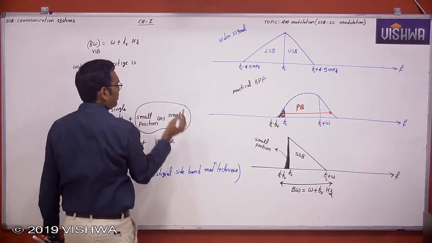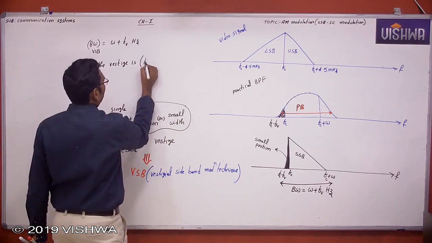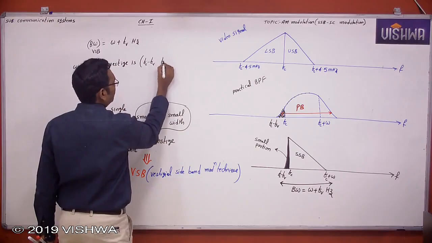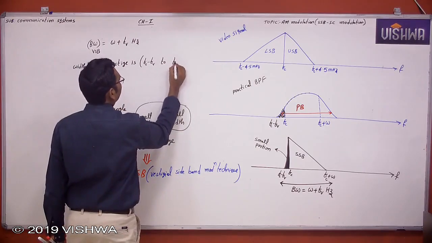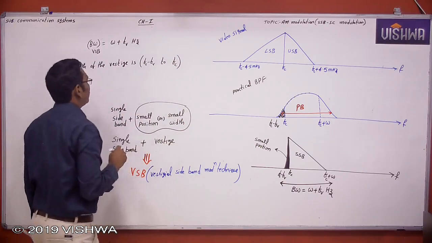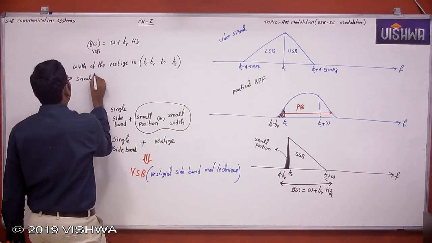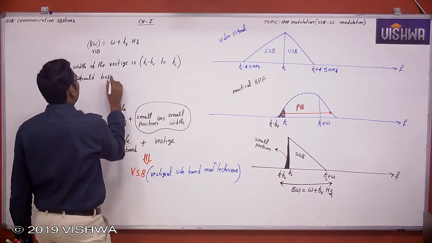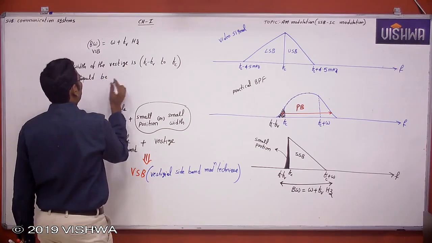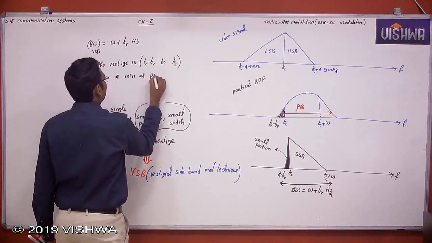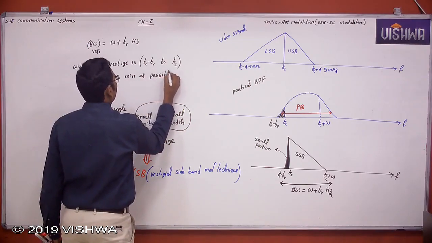The width of the vestige is from Fc minus Fv to Fc. The width of the vestige should be as minimum as possible.